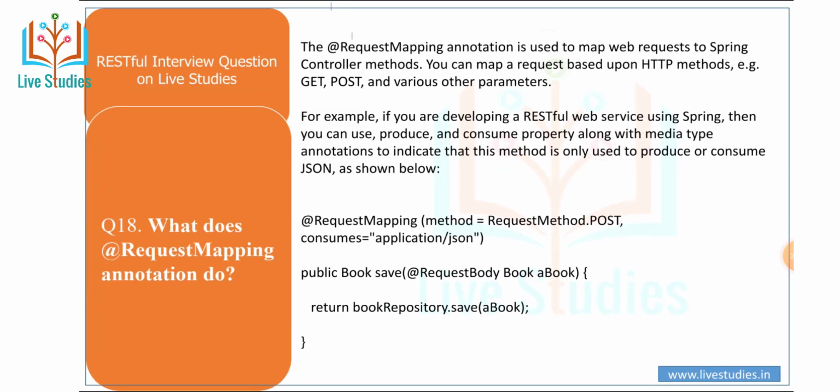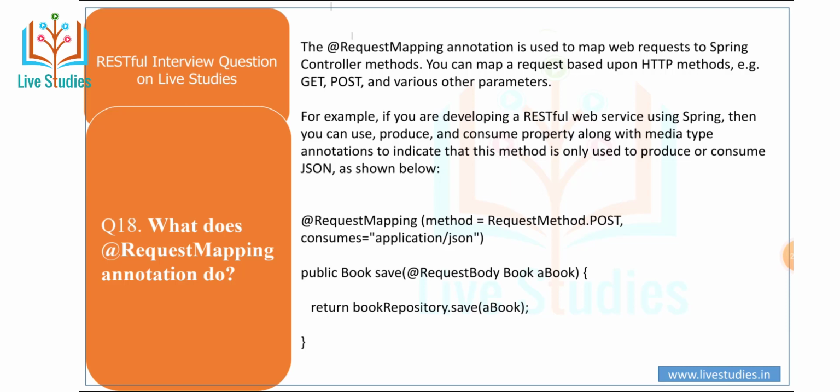Another question is, what does the @RequestMapping annotation do? The @RequestMapping annotation is used to map web requests to Spring controller methods. You can map a request based upon the HTTP method, for example GET, POST, DELETE, PUT, and various other parameters.